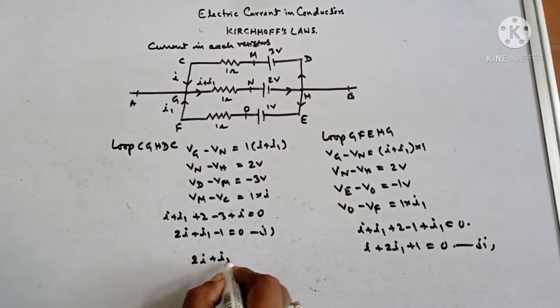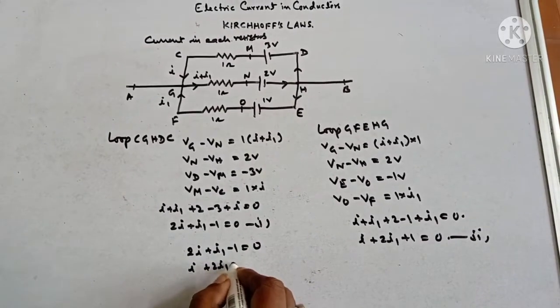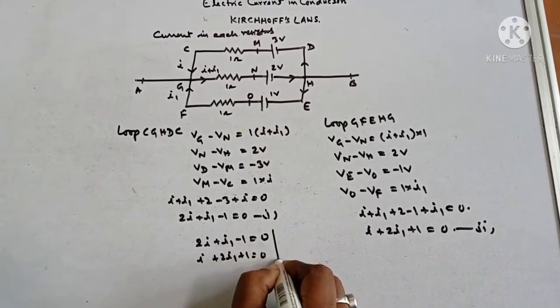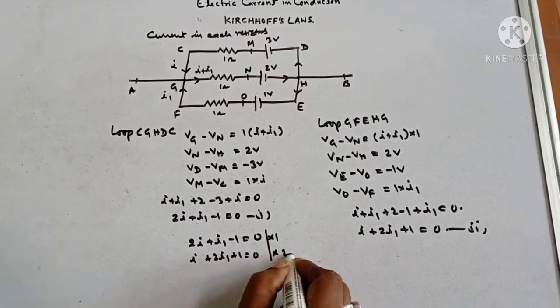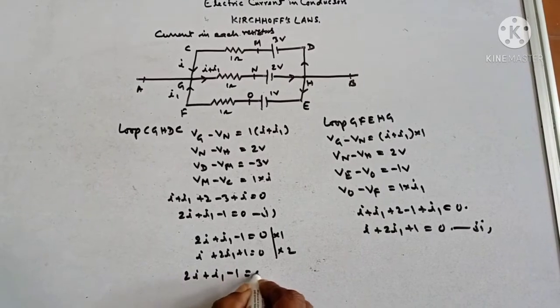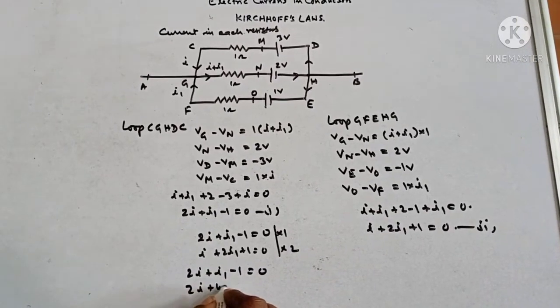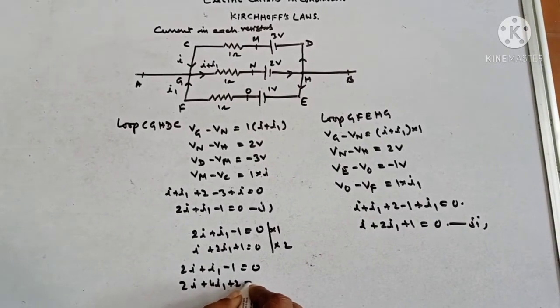Now I am going to solve these two equations. 2I plus I1 minus 1 equal to 0, and I plus 2I1 plus 1 equal to 0. Here I multiply the second by 2. So 2I plus I1 minus 1 equal to 0, and 2I plus 4I1 plus 2 equal to 0.